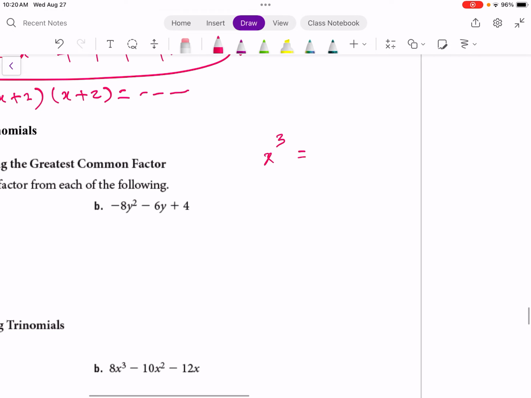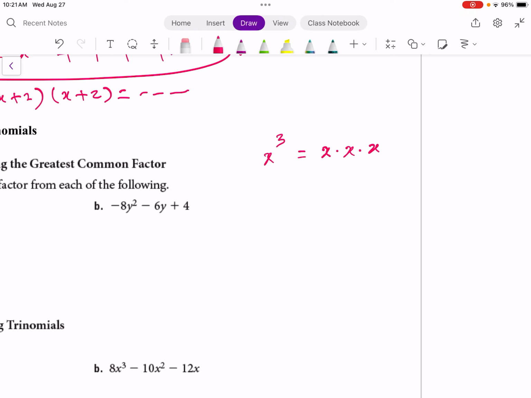If you are asked to factorize this monomial, we are rewriting this x cube in a product form. X cube is x times x times x. So x times x times x are the factors of x cube. We are rewriting the polynomial in a product form.